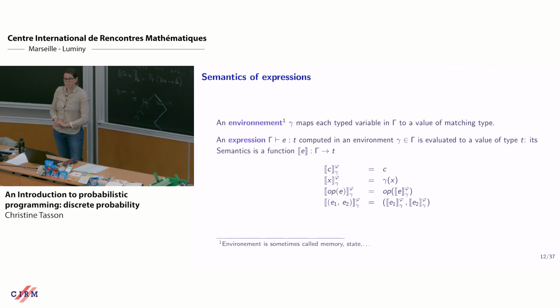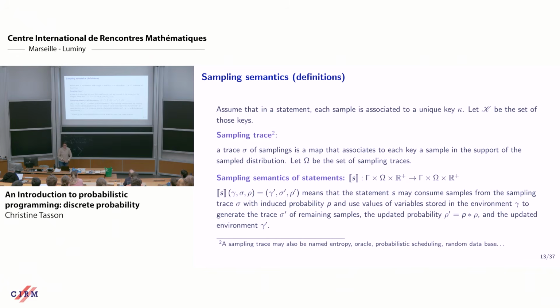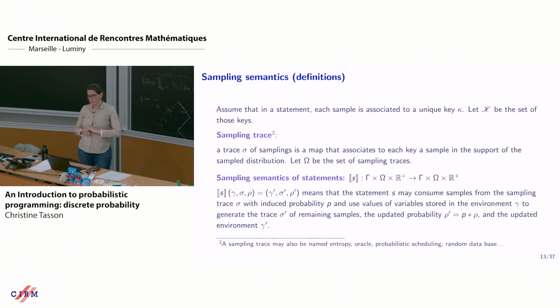Okay, so now that we know everything on discrete random variables, we can give the semantics of the statements. First, the semantics of the expressions. There is no random or probabilistic construct here, so it's just deterministic. It's the usual deterministic semantics that you know. But if I want to give a sampling semantics, the sampling semantics is the enumeration tree.